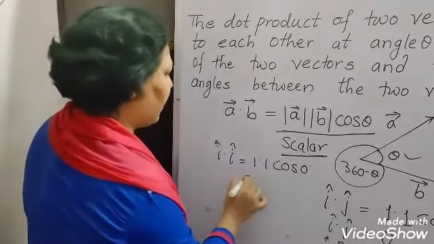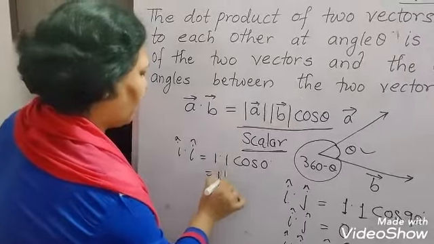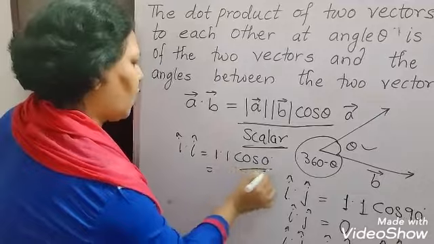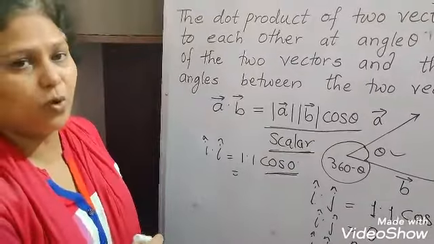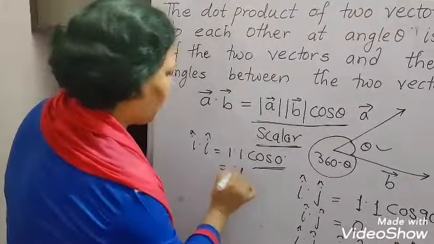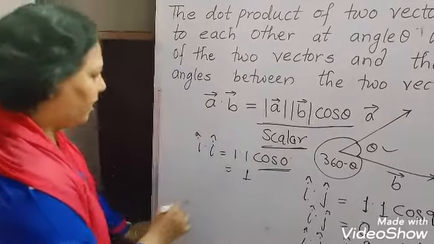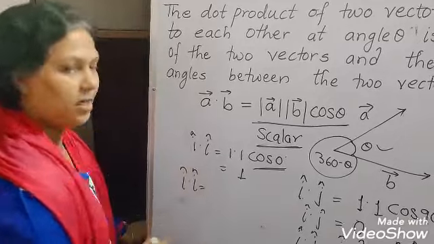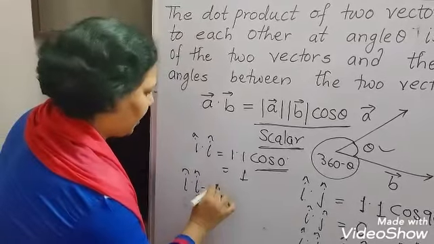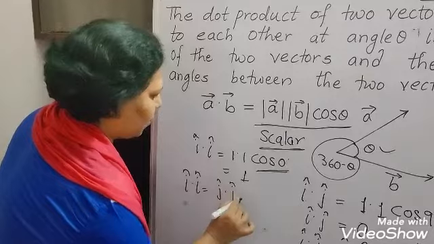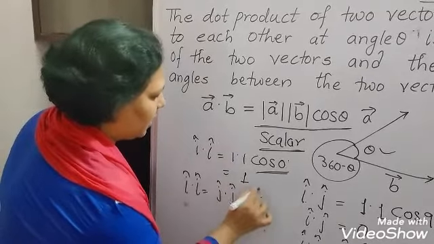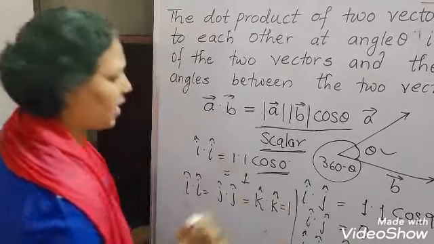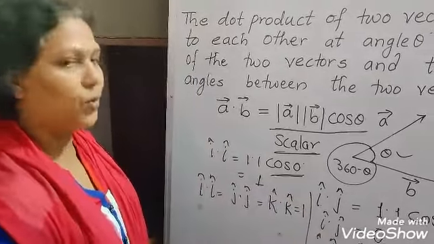So what value will it give us? 1 multiplied by 1 is 1, and the value of cos 0 is also 1. So we will get I dot I is equal to 1. Similarly, J dot J equal to 1 and K dot K equal to 1. So this way we'll get the product.